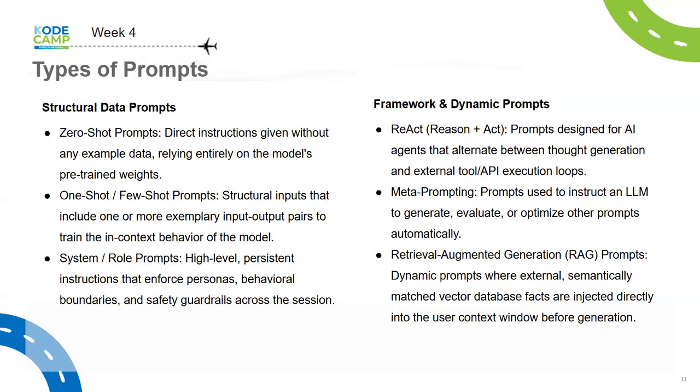That's typically like you didn't give it any additional data. That's zero shot. A one shot or few shot prompt is where you include one or more examples, right? Based on that example, it should be able to give you an output.